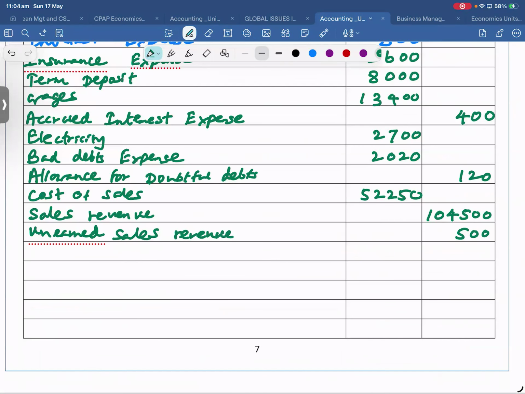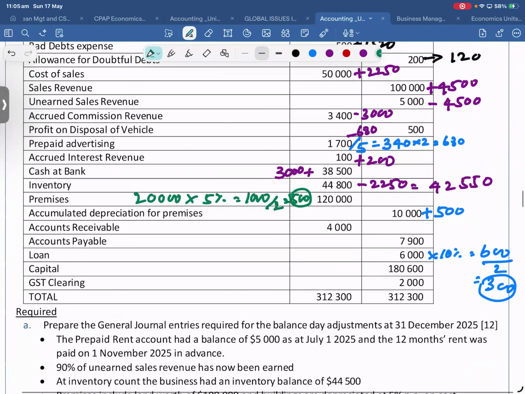Right. Next one. Accrued commission revenue.